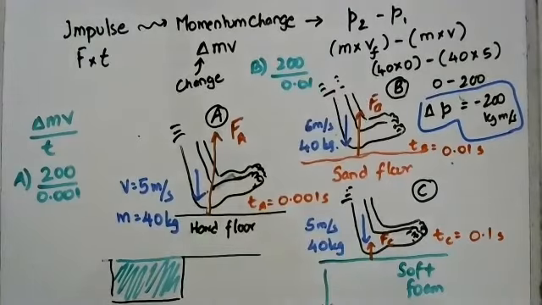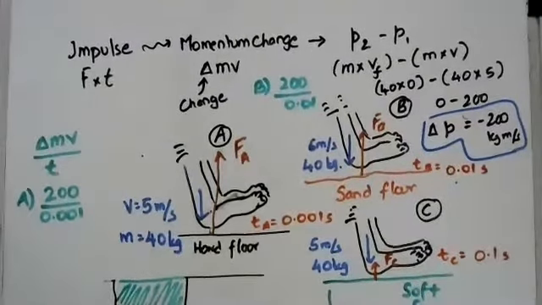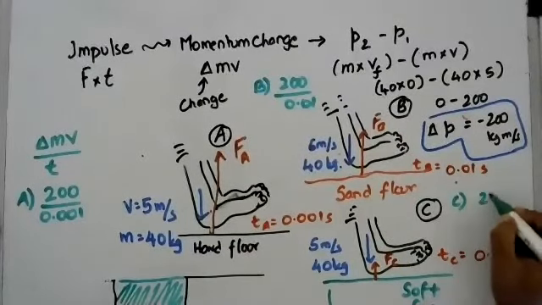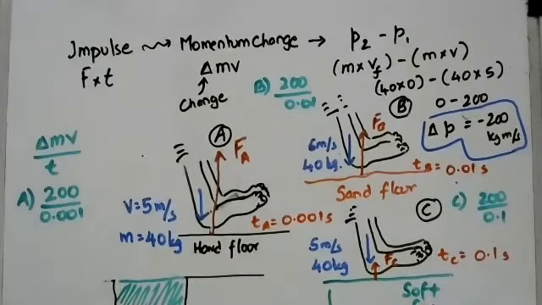And for the last case, situation C, I can write 200 divided by 0.1. Now, what are the answers to this?